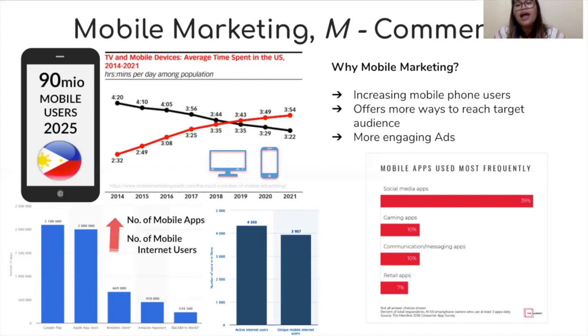The mobile apps used most frequently are social media apps, gaming apps, communication and messaging apps like Viber, WhatsApp, and retail apps. Usually right now, puro may mga ads na sila. So it's rapidly changing and adapting based on consumer habits.